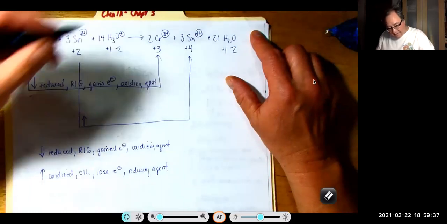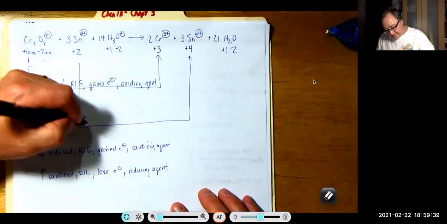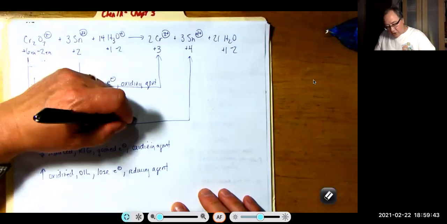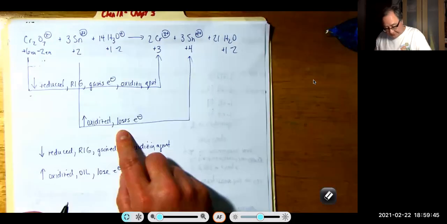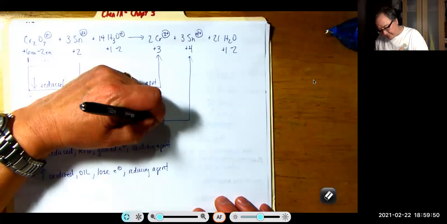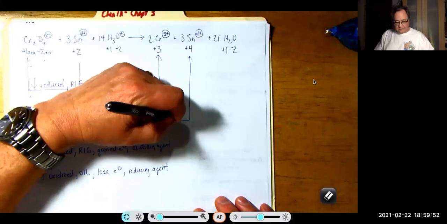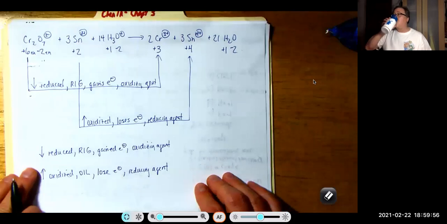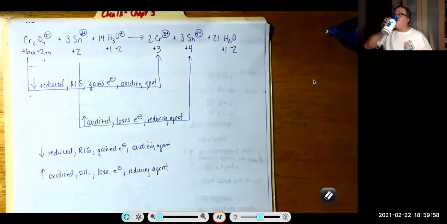And on the bottom, we have oxidized, loses electrons. Notice OIL for lose, and it's the reducing agent. Any questions here?